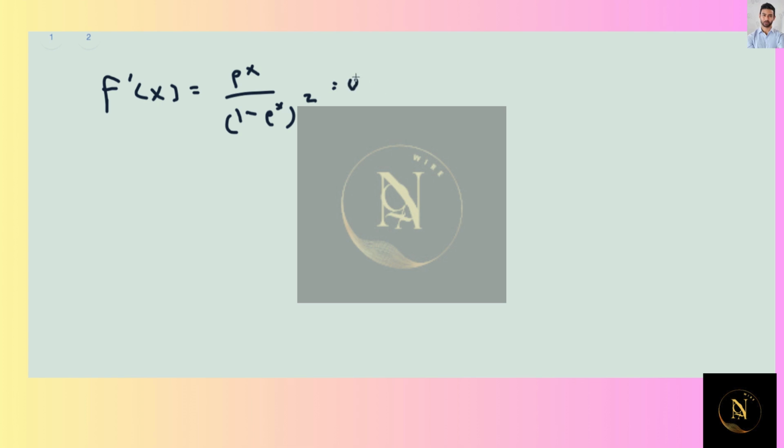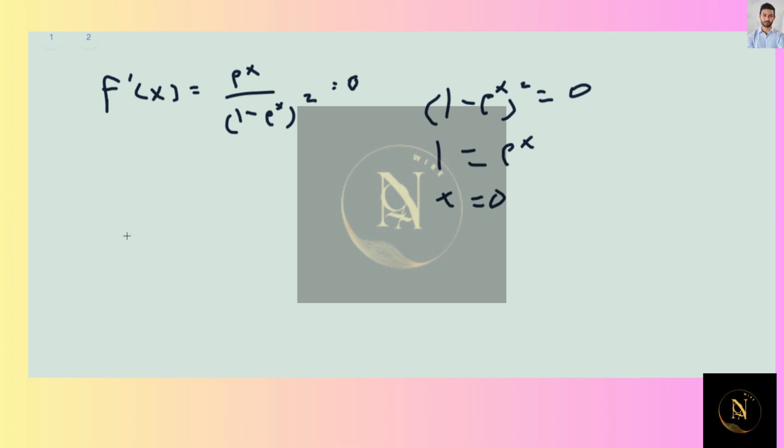You're supposed to find the critical numbers, but since e to the x cannot equal 0, we look for places where this function is undefined. So when the bottom is equal to 0, (1 minus e to the x) squared equals 0. You get rid of the square by taking the square root on both sides, so 1 equals e to the x, and this occurs at x equals 0.